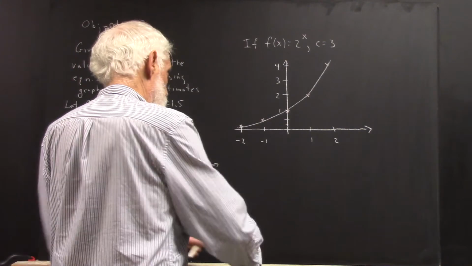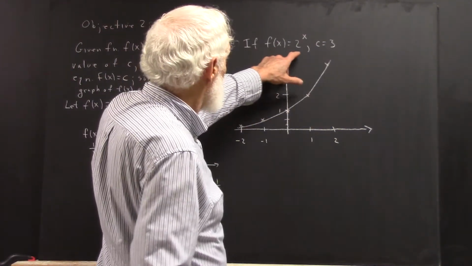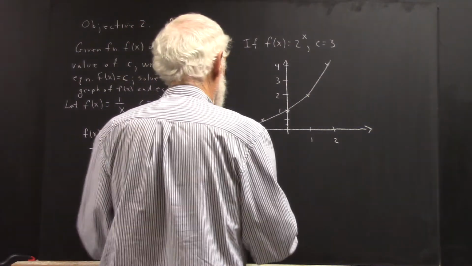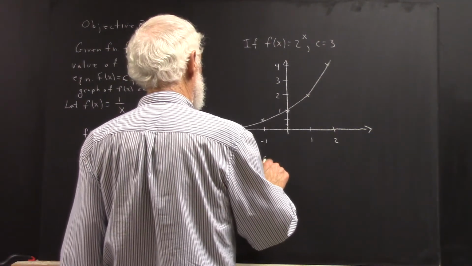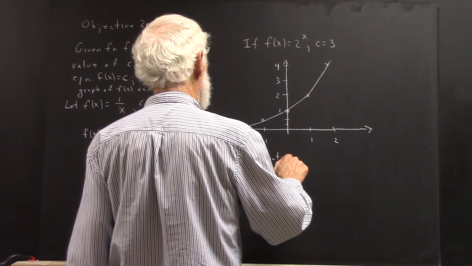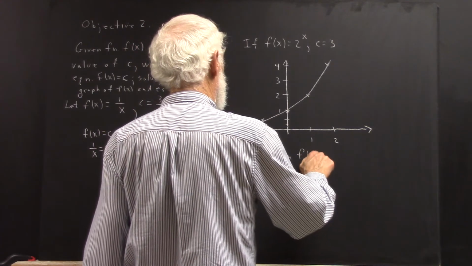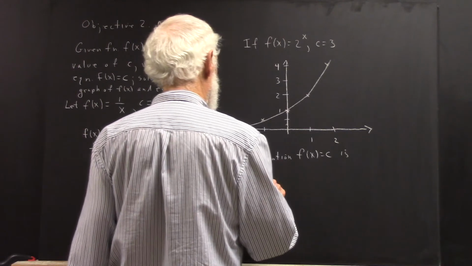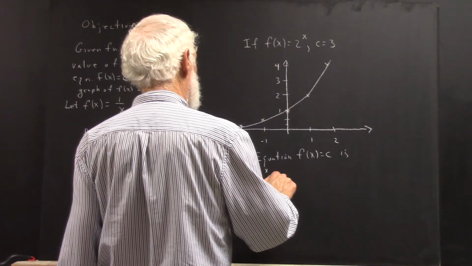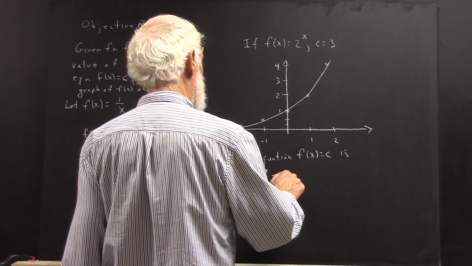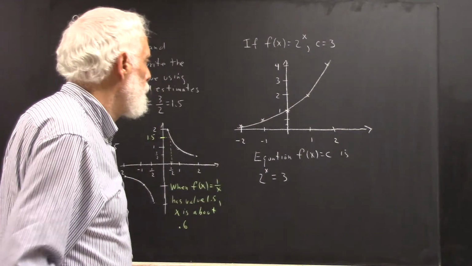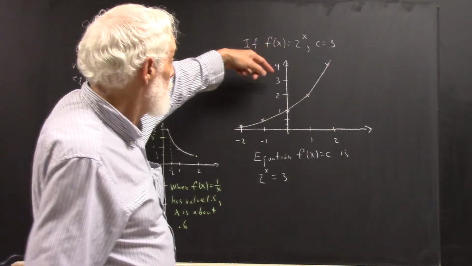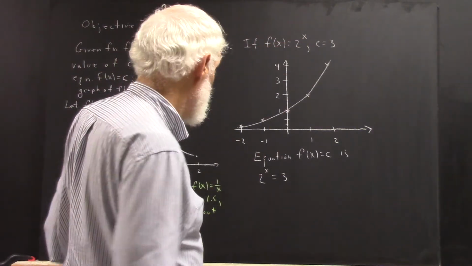Okay, so how do you find where, okay, the equation f of x equals c is 2 to the x equals 3. Well, the y values in this graph are the values of the 2 to the x function.